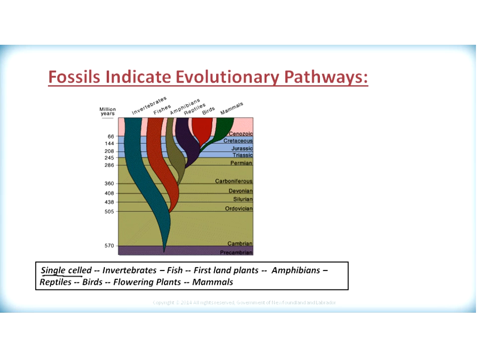That would be in the Paleozoic, followed by invertebrates, followed by fish, followed by the first land plants, then amphibians, followed by reptiles in the Mesozoic Era, birds, flowering plants, and mammals.